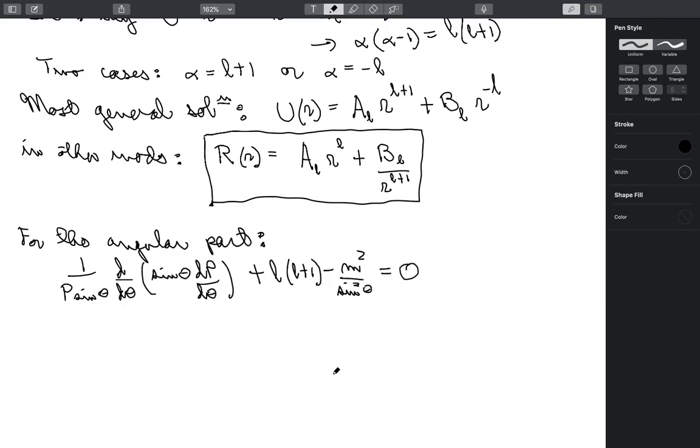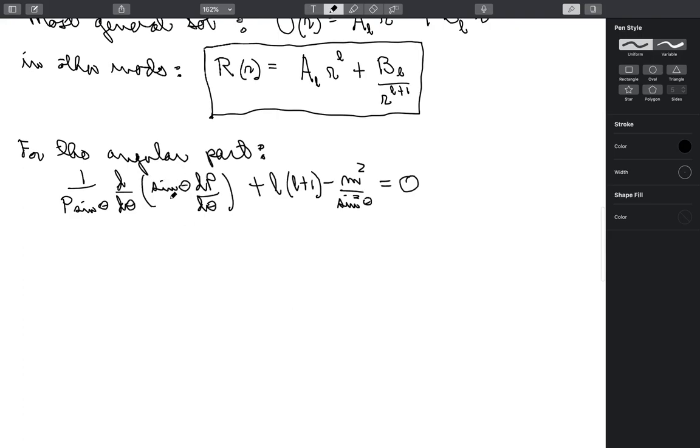Now, I'm sure you prefer not to work with complicated trigonometric functions. One of the things you can do here is a simple substitution. You're going to say that the cosine of theta is going to be a new variable that you'll call x.